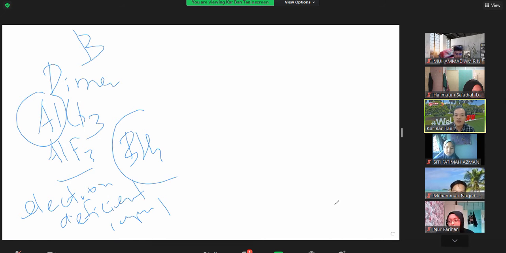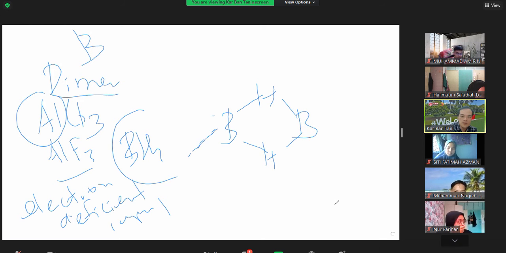But in order to achieve octet, it forms a dimer structure, which is what you see now.